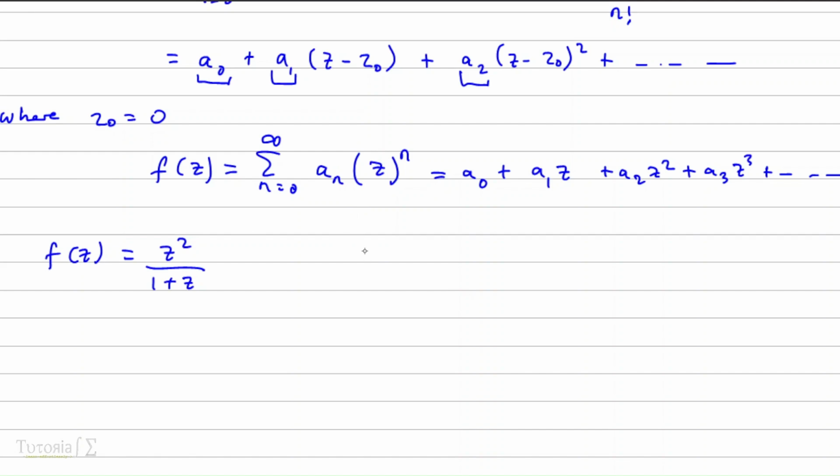So we know that the sum from 0 to infinity of z to the power n, this is a geometric series, is equal to 1 over 1 minus z if and only if the modulus of z is less than 1. So this is an if and only if.